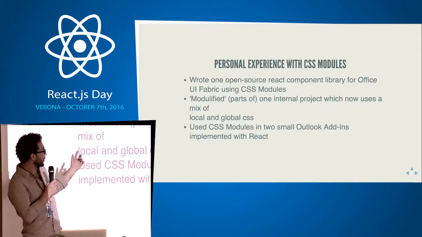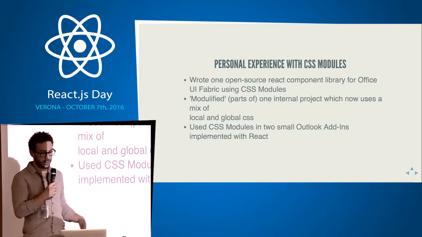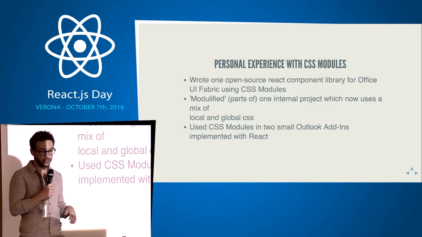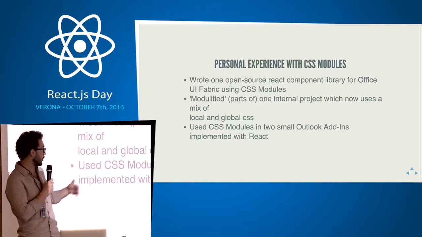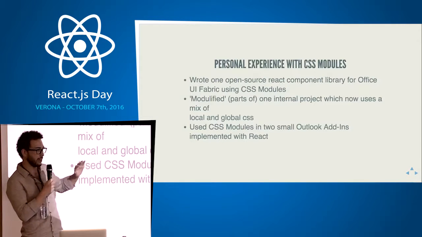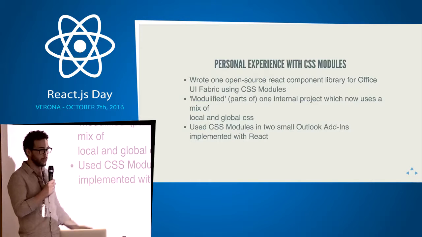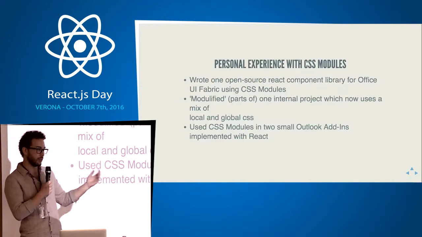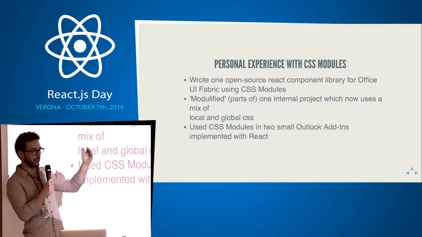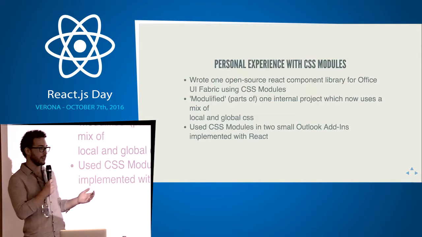I also modularized parts of one internal project with CSS modules, and it wasn't really that hard to do. Now it uses this mix of local and global CSS, but it works really well. All the dumb components have their own CSS files, and then we have some more global CSS for general styling, typography, stuff like that.